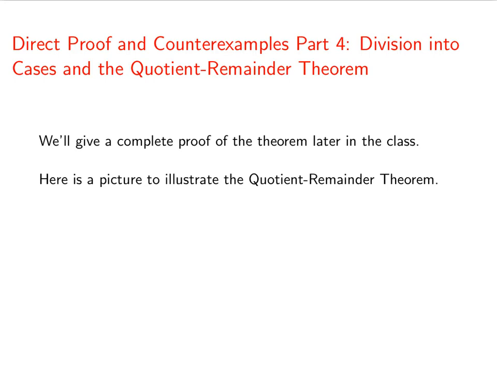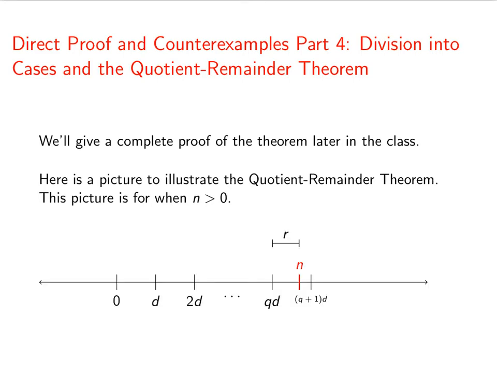Let's show a picture that will illustrate the quotient remainder theorem. Now this picture is only going to be good for when n is bigger than 0. We're going to have a different picture when n is negative. So the picture looks like this: we find n on the number line, and then we keep adding multiples of d until we reach a point that if we add any more multiples of d, we'll go beyond n.